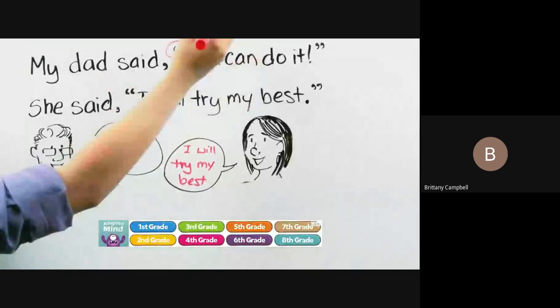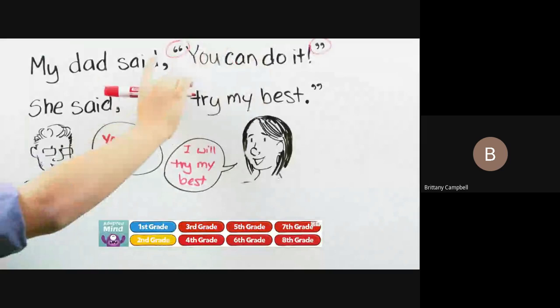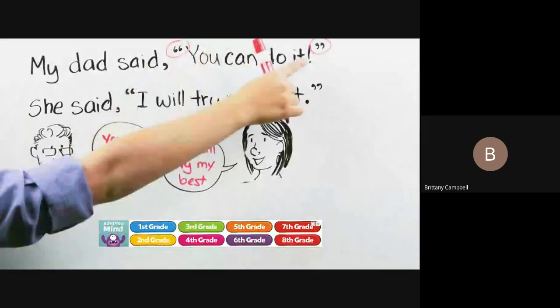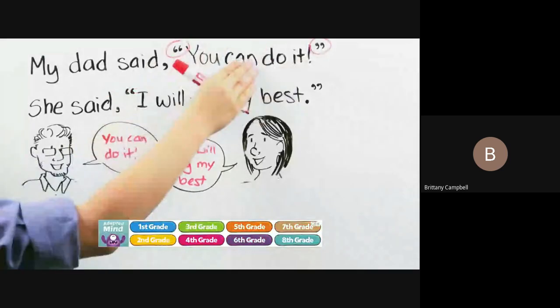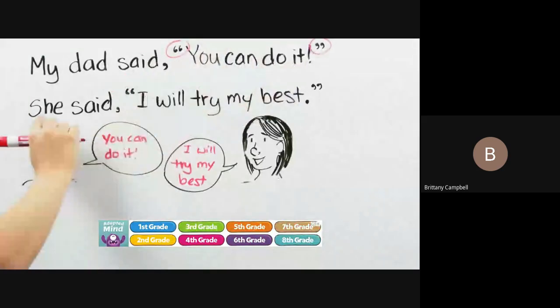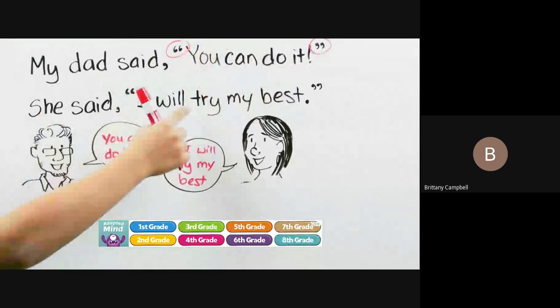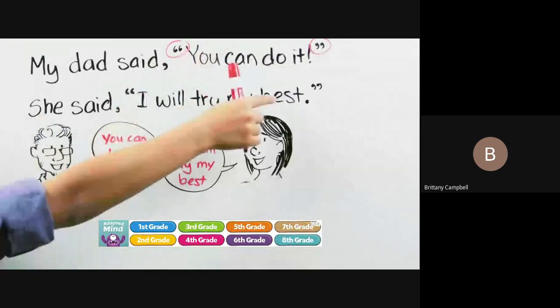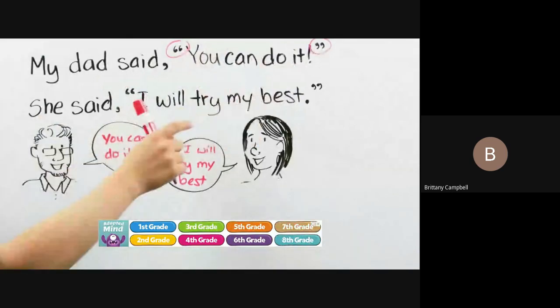As you can see, the quotation marks right here are around the exact words my dad said. Another example is, she said, "I will try my best." Again, here are the quotation marks around the words that she said.